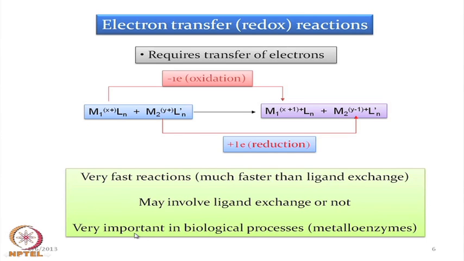It may involve some ligand exchange, but sometimes not. It is very important in biological processes, for metalloenzymes, different cytochromes, the blue copper proteins and all, where very fast electron transfer reactions take place from one protein site to the other.